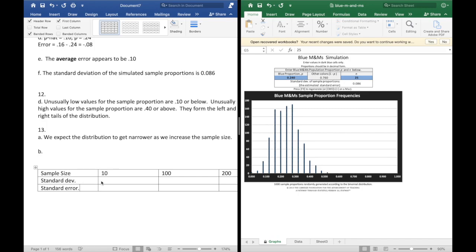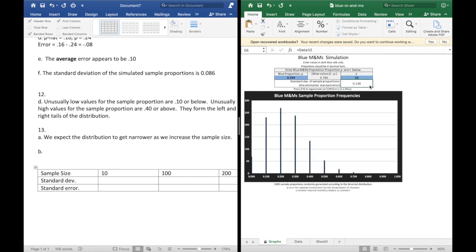Okay, so let's go with first a sample size of 10. What do you think is going to happen in the picture if we do a sample size of 10? So I'm going to go to n here. Remember, n is the sample size, and instead of 25, we're going to do a sample size of 10, and we're going to see what happens to the picture. What happened?